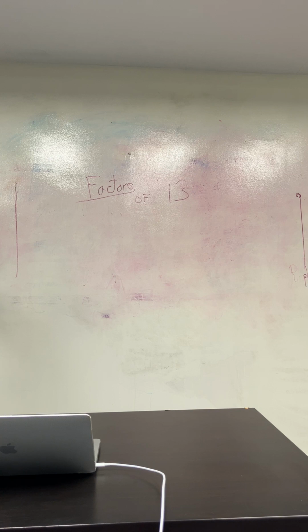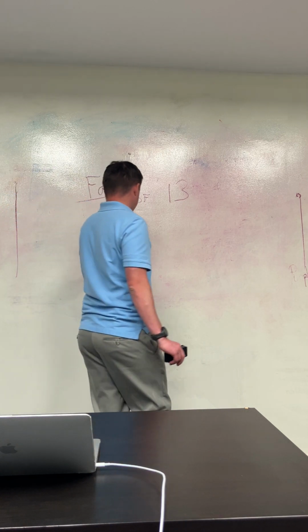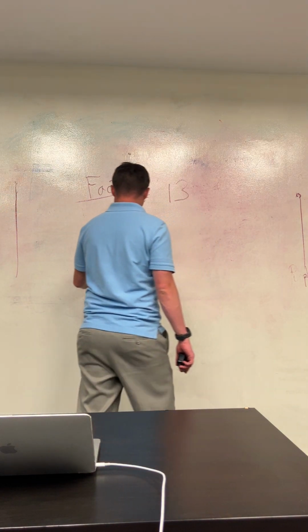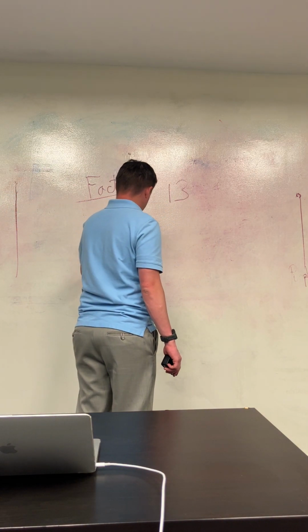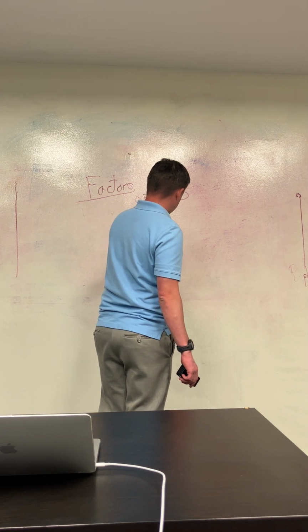It doesn't divide by 2 because it's an odd number, so is there anything else? It's just 1 and 13. We have a special name for this: a prime number.